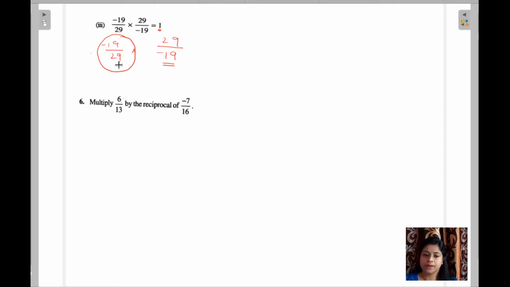Obviously if we multiply these two numbers, we get the answer 1. So this is which property? This is reciprocal or multiplicative inverse.